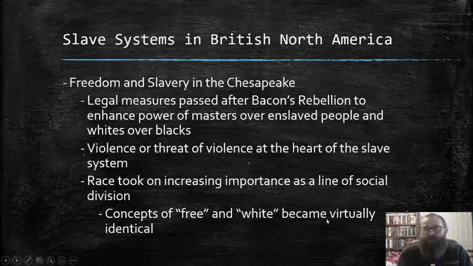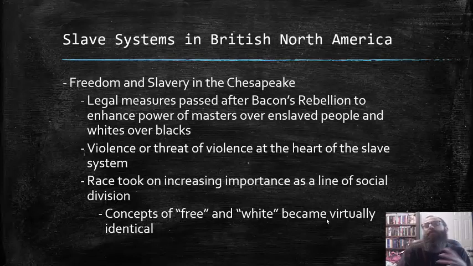As we have previously discussed, the institution of slavery in North America slowly coalesced over time into a more formalized and legalized institution. After Bacon's Rebellion put fear into the elites of the Chesapeake region of a potential alliance between poor whites and blacks that could potentially undermine this hierarchical social structure that had developed in the region over time, legal measures were passed to enhance the power of masters over enslaved people and whites over blacks.